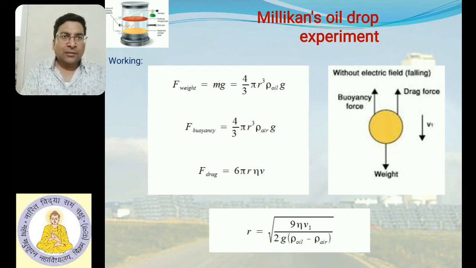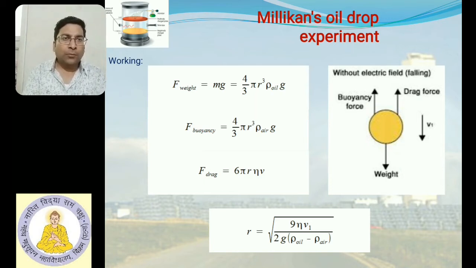In this case, three forces act on these oil droplets. One is weight due to its mass, the second is buoyancy force due to displacement of air, and the third one is drag force.